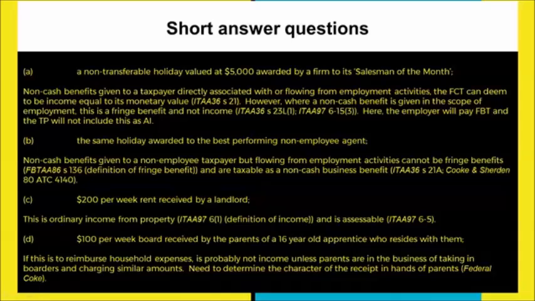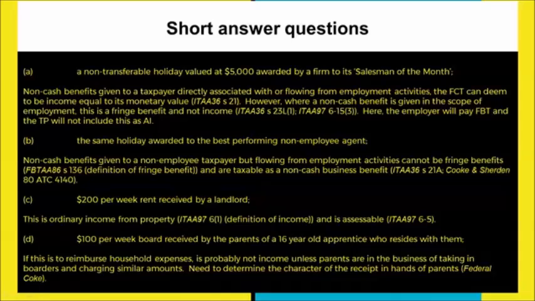Now, the next of these short answer questions is to do with the exact same scenario, but when you've got a contractor, a person who's not an actual employee, and as discussed in the lecture, non-employee agents, because they're not employees, they don't get fringe benefits.